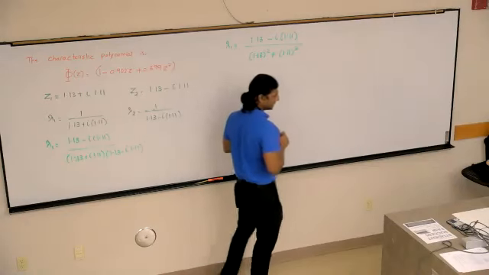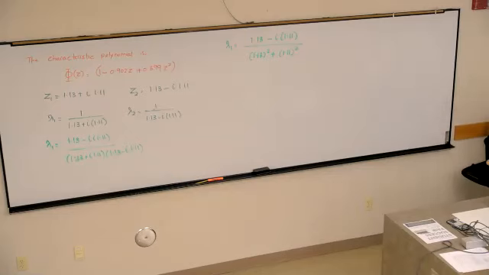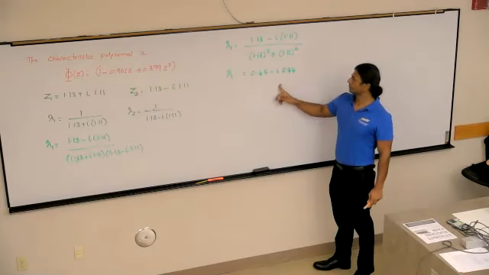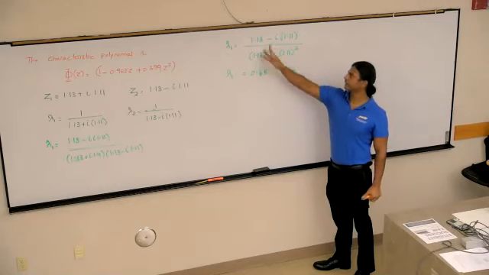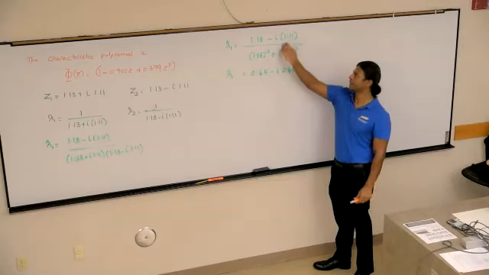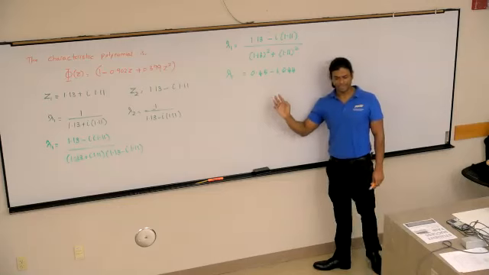Put that in the calculator and tell me what the real and imaginary parts are. So you're taking each part, the real part divided by the magnitude, the imaginary part divided by the magnitude. You end up getting this.